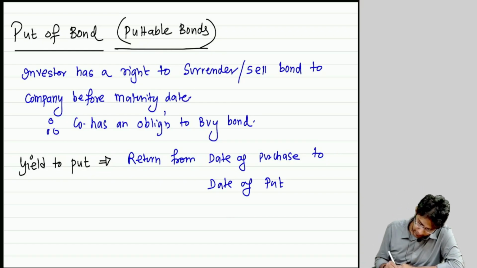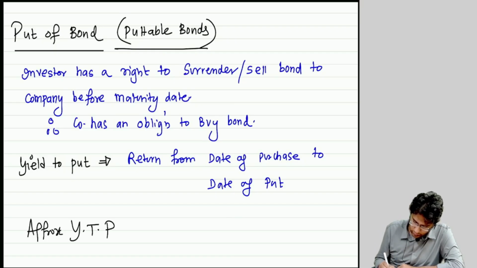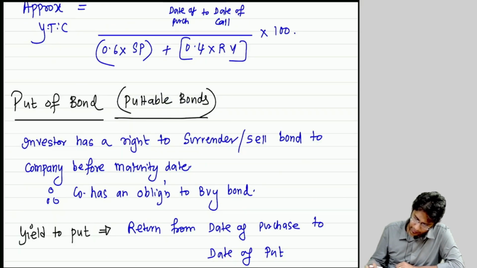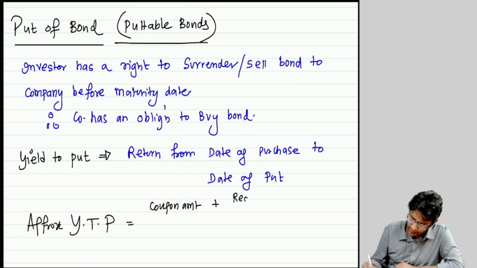Now tell me the approximate YTP. Coupon amount divided by the redeemable value, or you can call it the put price. Redemption value or put price, exercise price, anything is okay.